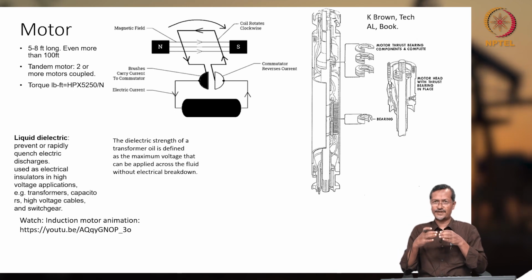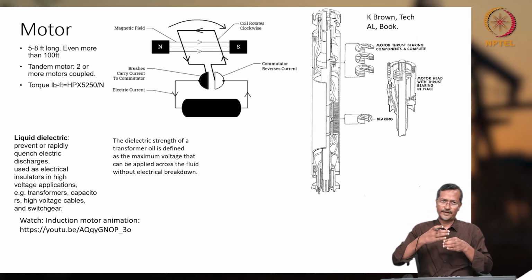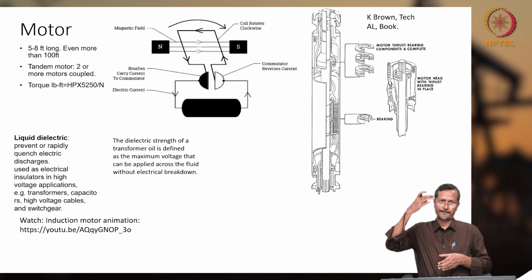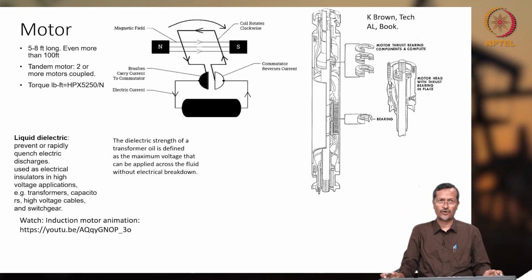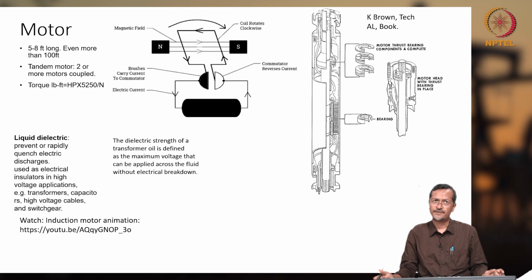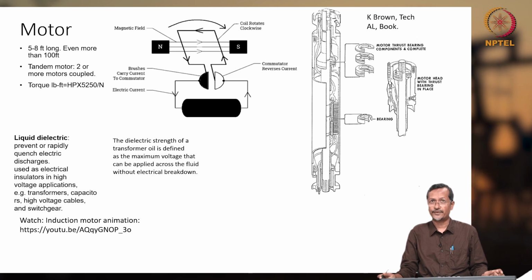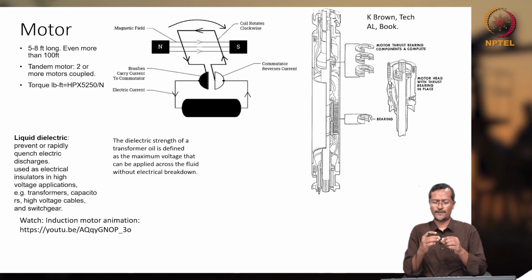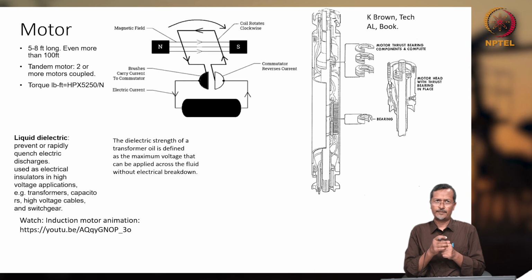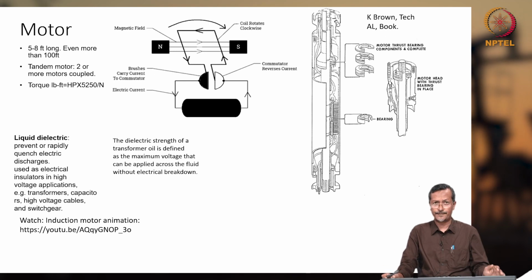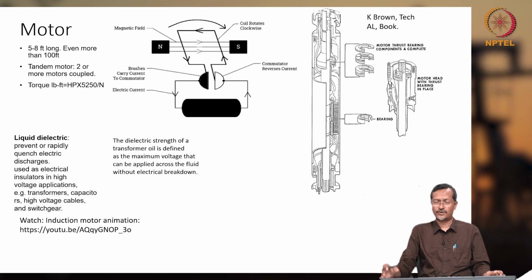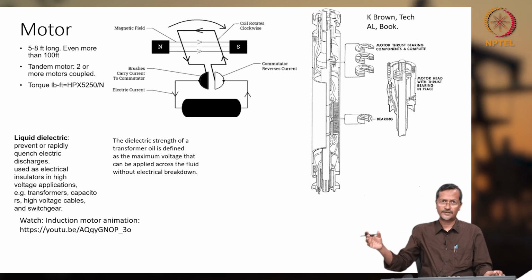In that case you have a limitation in diameter, so you have to get longer. That length can be 5 to 8 feet, sometimes it goes to 100 feet also, based on power requirement. For a small power requirement, maybe small will be okay, but for a very high power requirement in a very deep well, the horizontal plus vertical, the total length is very high.